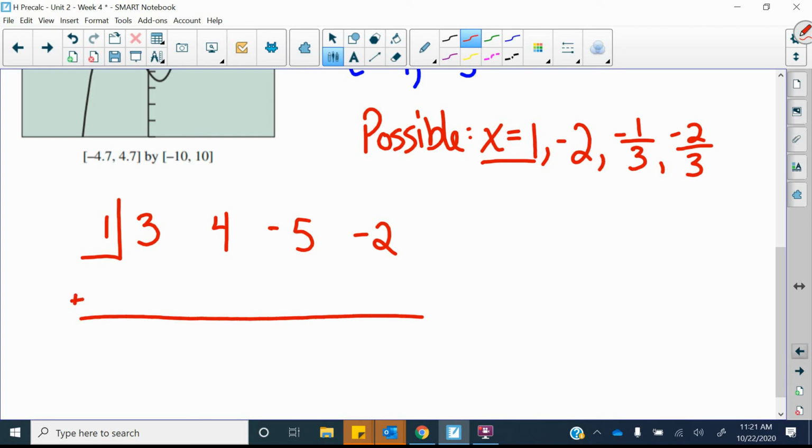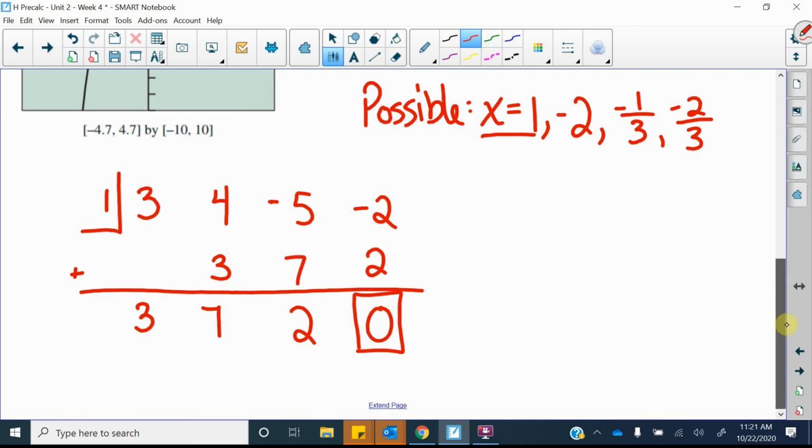I'm going to bring down my 3, multiply, and we end up with a 7. I'm adding, not subtracting. 7, with a 2, 2. Notice I do end up with a remainder of 0. So that does work in this case.